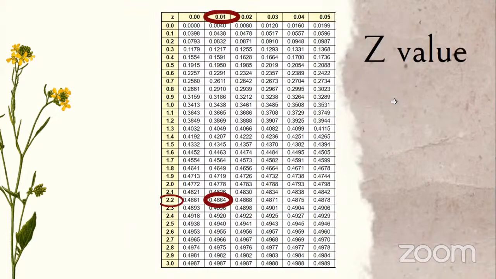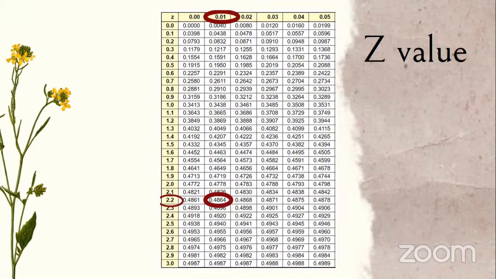Here, I will explain how to get the z-value. The previous slide tells us that the z-value corresponding to 2.21 is 0.4864.